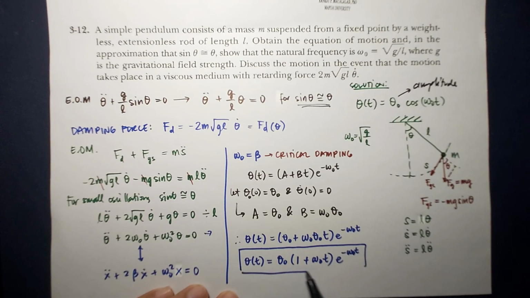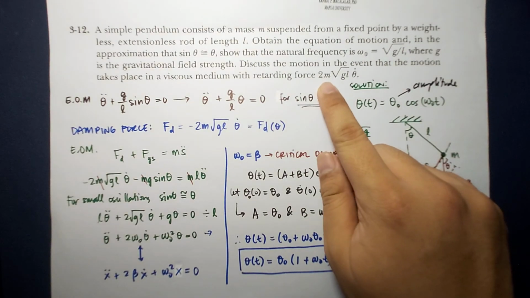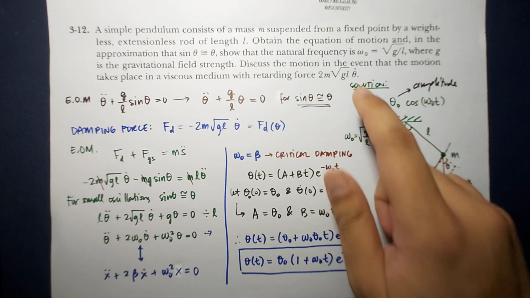And this is the final answer. This is the solution to the equation of motion of a simple pendulum under small angle approximation with a linear retarding force given by this expression.